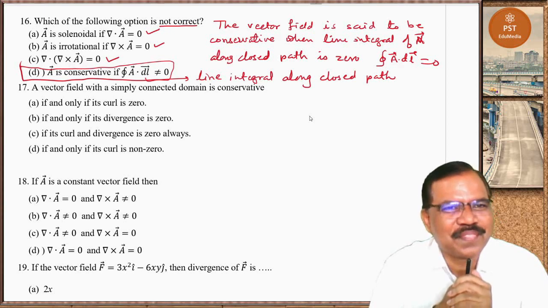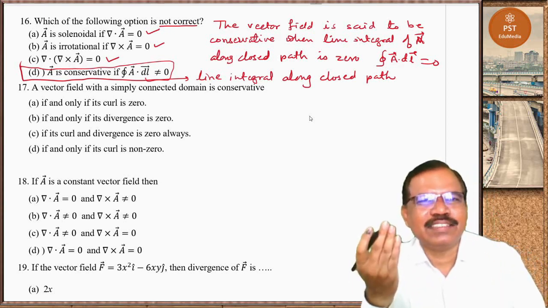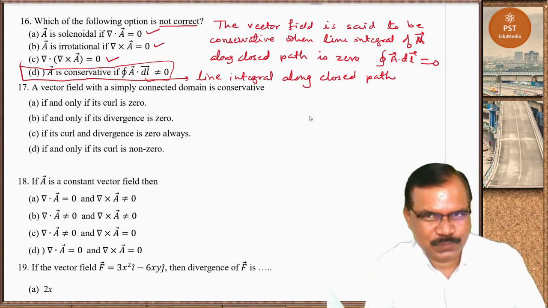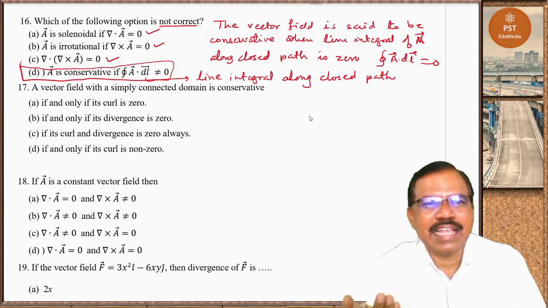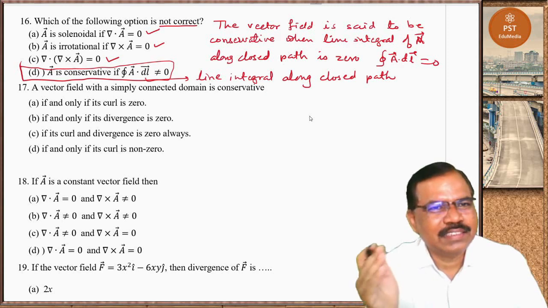No idea. Just now I explained to you, the vector field is said to be conservative when the line integral along a closed path is 0.